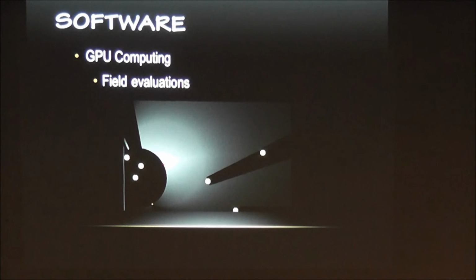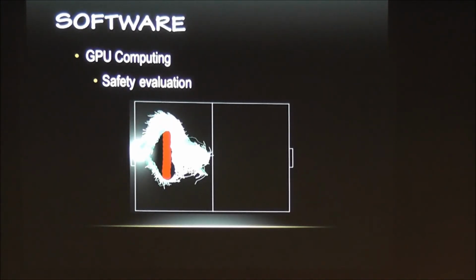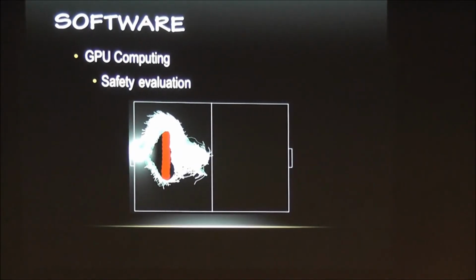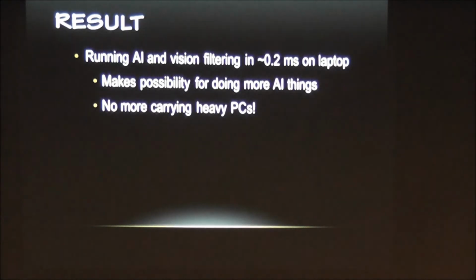So here you can see a field evaluation for computing the best point for receiving a pass. The brighter each point is, the better it is for receiving a pass, and the red point in the middle is the best one calculated. Another thing we use the GPU for is calculating the safety for each point of the field, and then using this in our pass planning method.